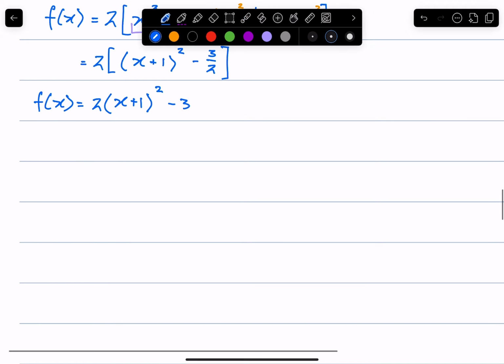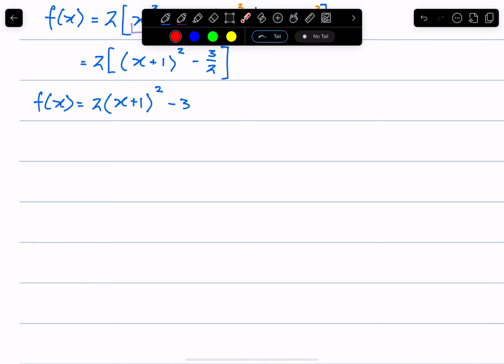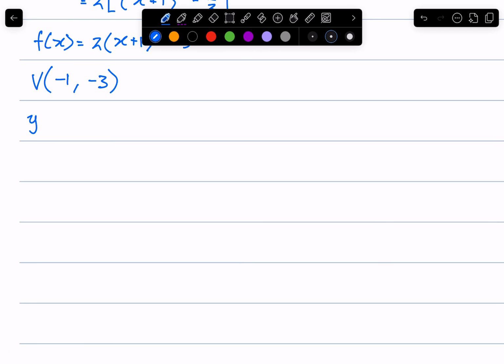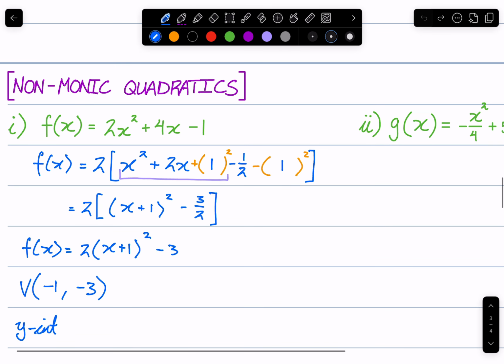So let's start with the vertex because it's very easy to identify in this form. It's just the opposite sign of this and the matching sign of this. So our vertex is going to be negative 1, negative 3. Our y-intercept, we can just easily identify here.